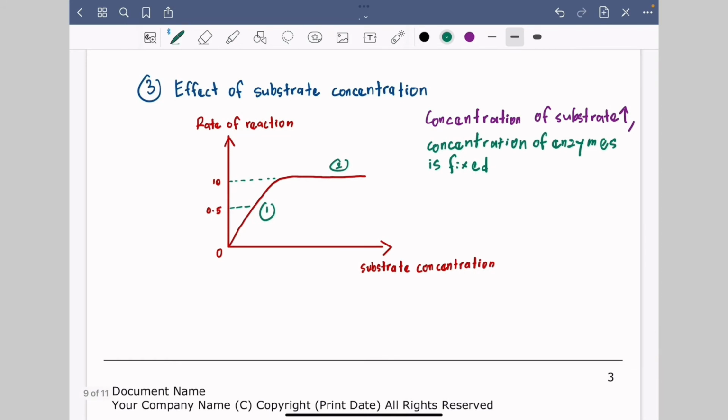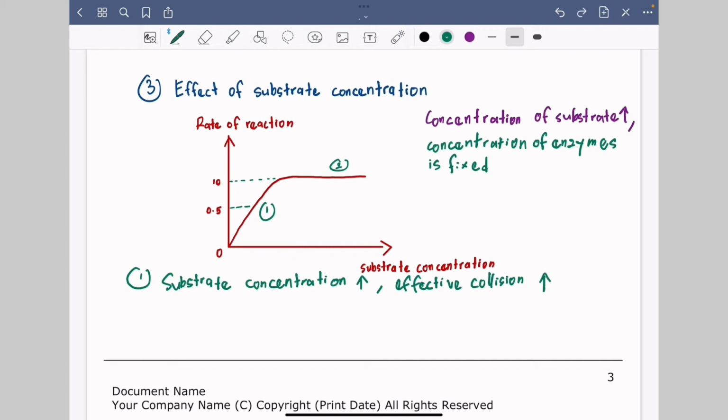Okay, to the point number one. As the substrate concentration increases, the effective collision between the substrate and enzyme molecules also increases.